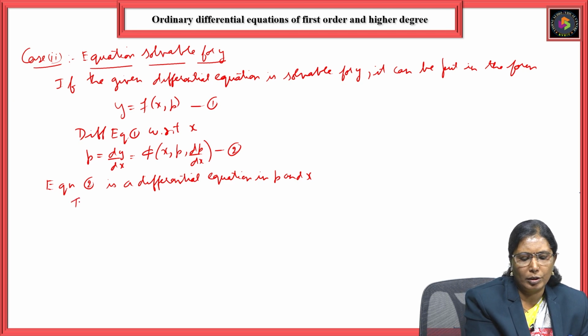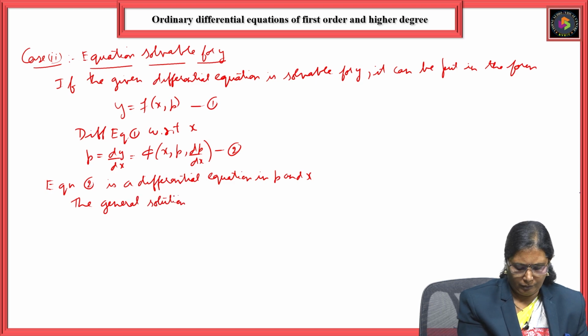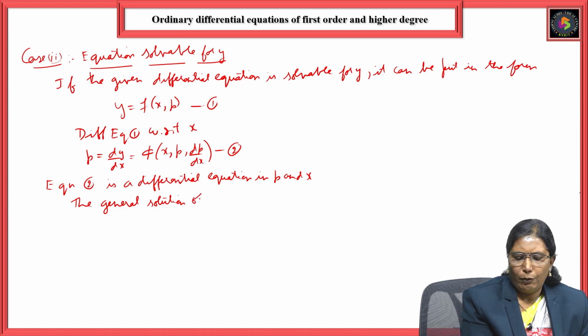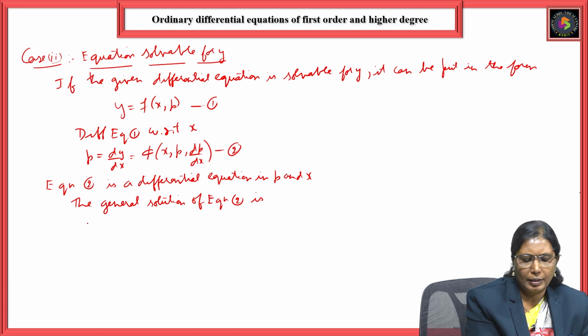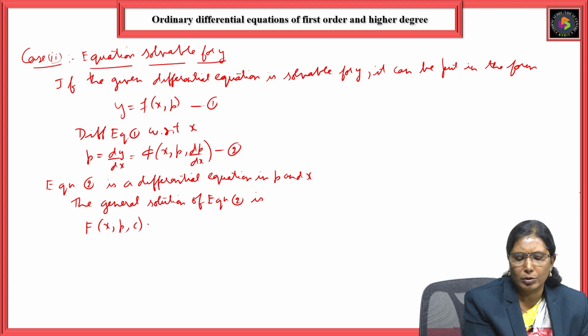The general solution of equation 2 is a general solution containing x, p and an arbitrary constant, that is a function of x, p and some arbitrary constant c.